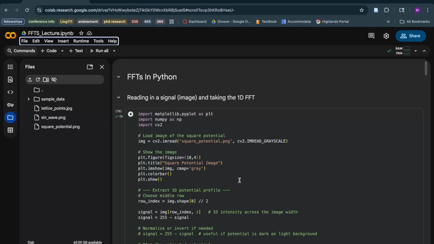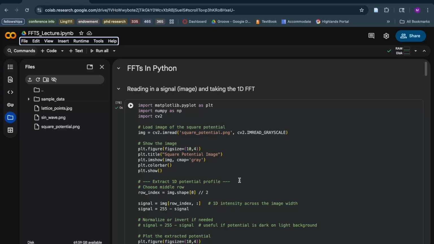Now we get to the actual part for prepping it for taking the Fourier transform. Since we just want to take the Fourier transform of the signal, we're actually going to choose a row, just one row of the pixels, so that we are only using one dimension instead of two. This is just finding the middle row, since we're taking the shape and dividing it by 2.